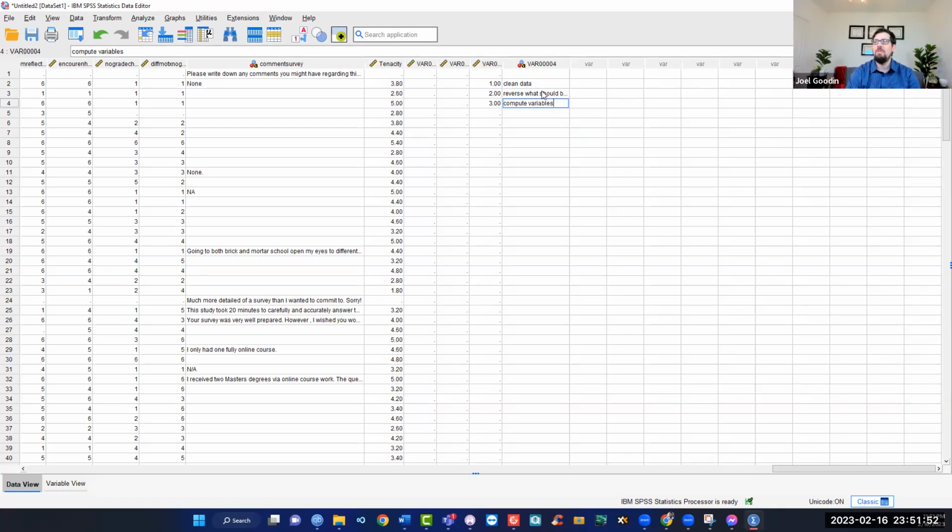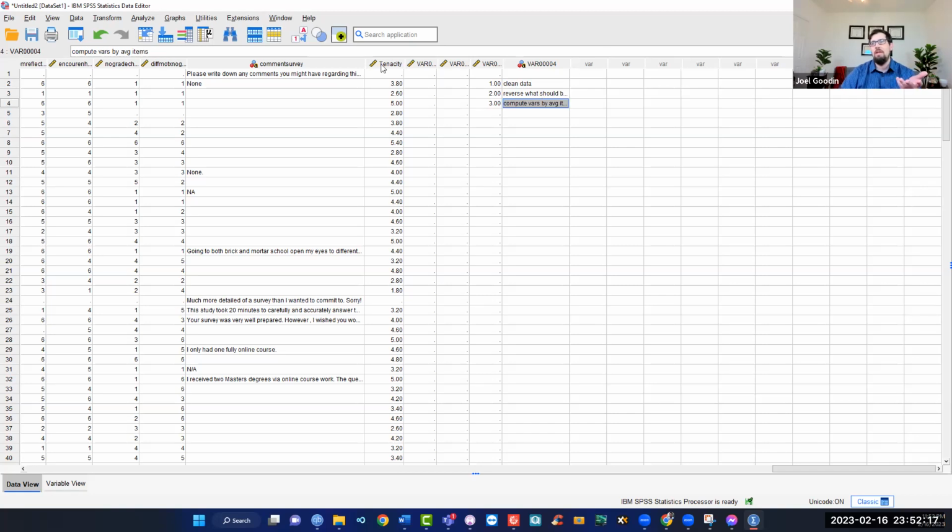Compute variables by averaging appropriate items. Compute the variables by averaging the items. So there's a lot of steps to doing this.